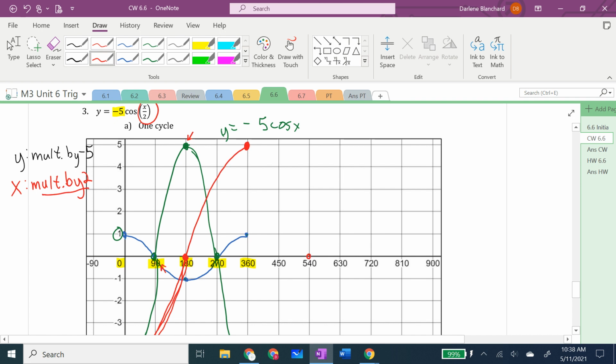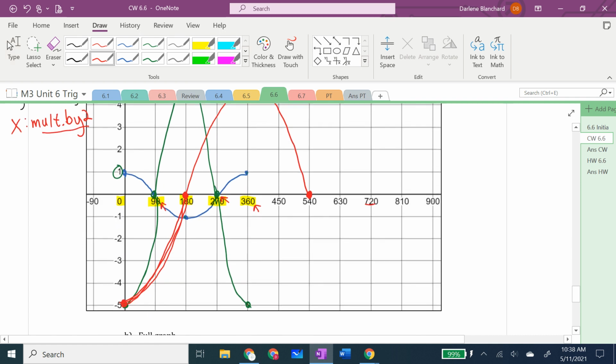At 540, I'm going to be back at my midline like I was at 270. And then double 360, that takes me to 720. 360 was where I was at my lowest point. So now 720 is where I'm at my lowest point, and I finish the cycle.